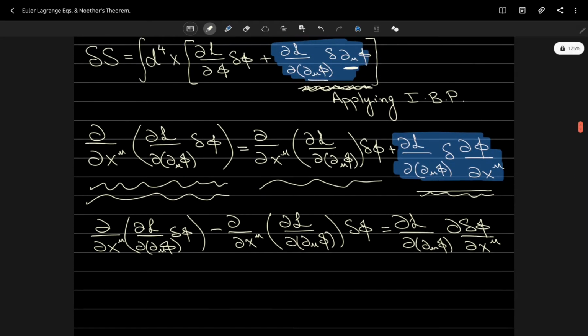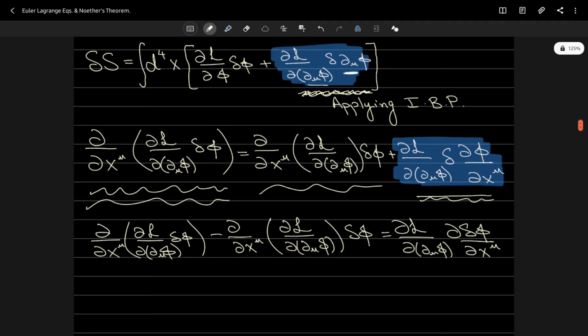Okay, so if you did not understand why these terms are equal, if you look at it, everything is the same except for, you might say, this ∂/∂x^μ, where is that? Well, that's just this thing. So ∂_μ is just ∂/∂x^μ, right? Okay, so yeah, let's get rid of this.